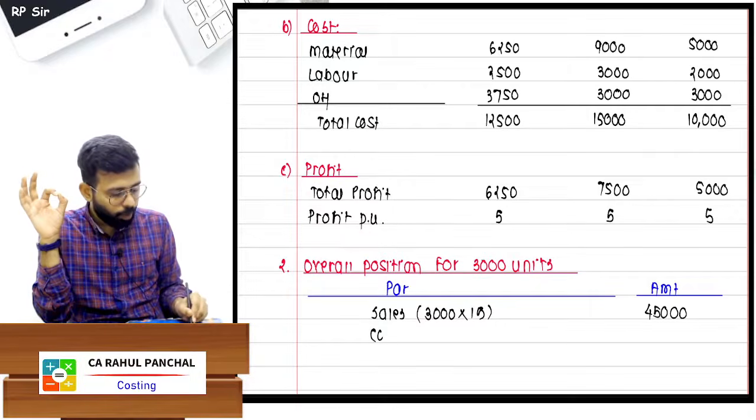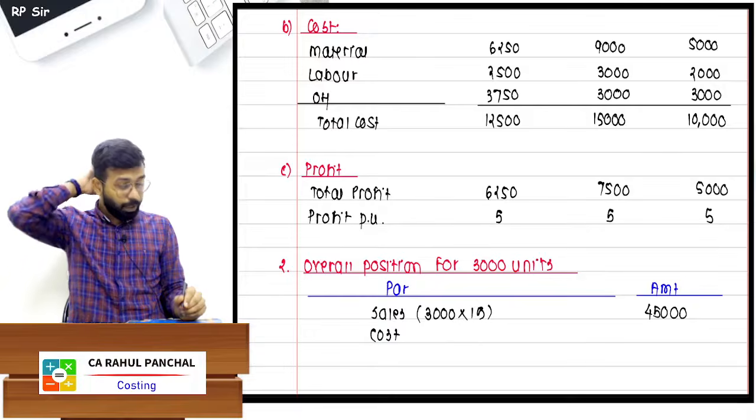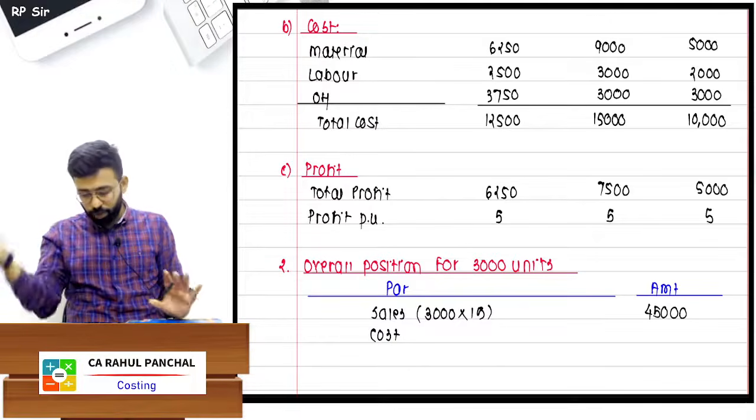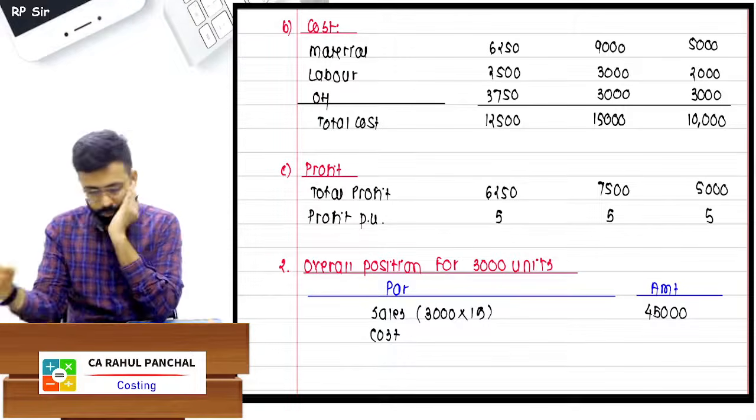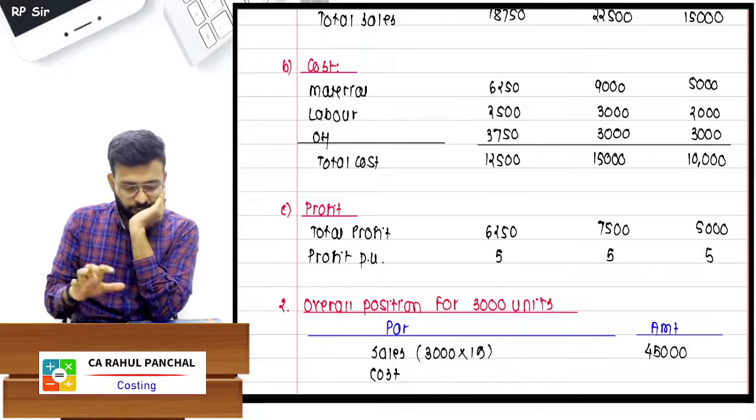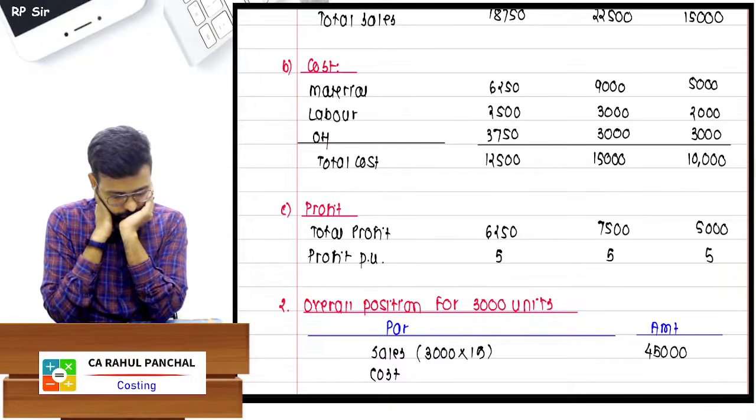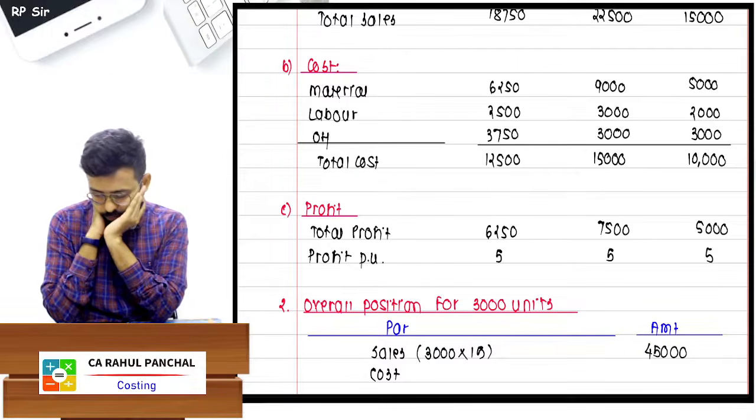What will be the overall cost that you will incur? Can you tell me the amount of cost? What will be your total cost for these 3000 units? 37,500.